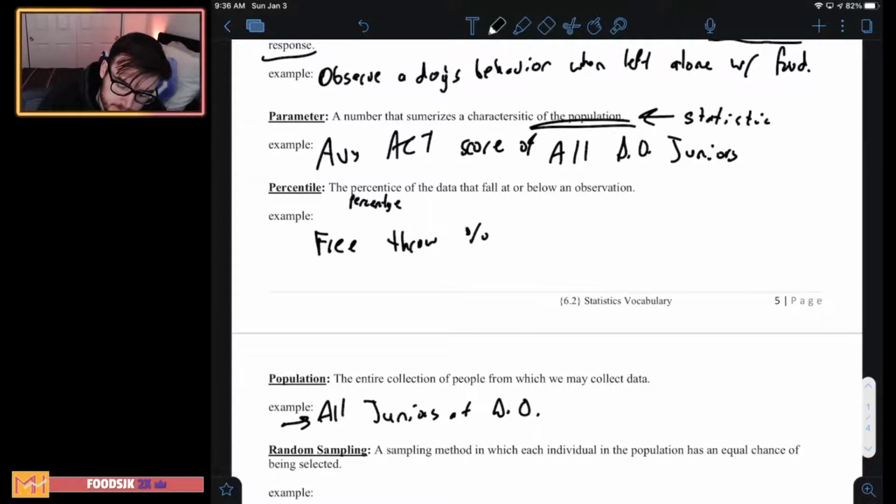Or you've probably taken some standardized test and got a report back that said you're in the 95th percentile. Have you heard that before? Probably. That means that you are better than 95% of all the other students that took that same test. That's what 95th percentile means: how many people are behind you.